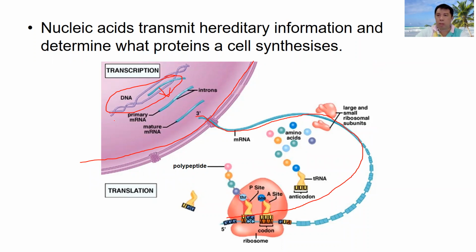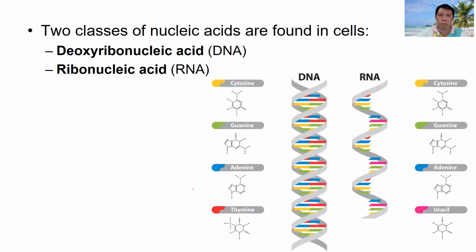The process of synthesizing RNA from DNA is called transcription, and the process of synthesizing proteins is called translation. You will study transcription and translation in semester 3 in detail. Today, we're just going to talk about DNA and RNA.